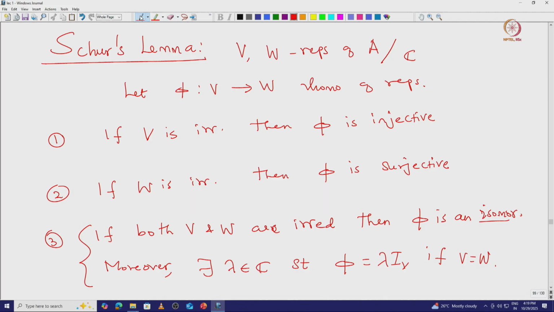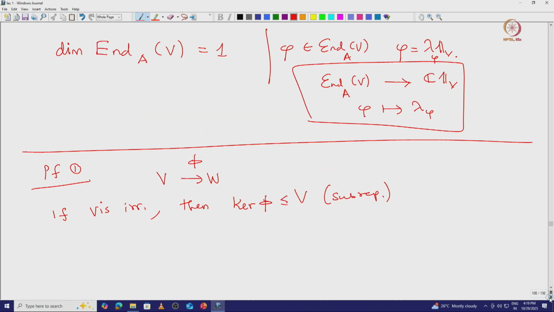Once we say that something is irreducible, it is already non-zero, so we do not need to worry about it. So, we have this kernel of pi, that is indeed a subrepresentation of capital V. Now, suppose kernel of pi is non-zero, then that would imply that kernel of pi is equal to V.